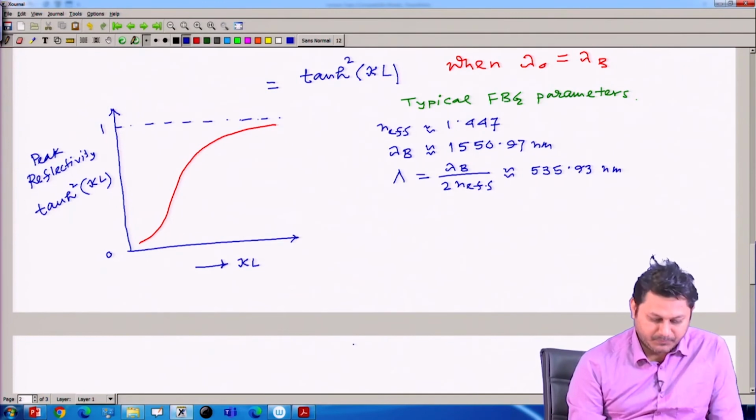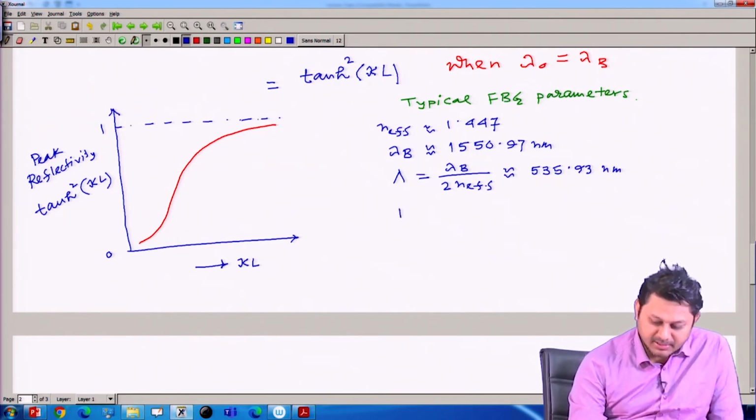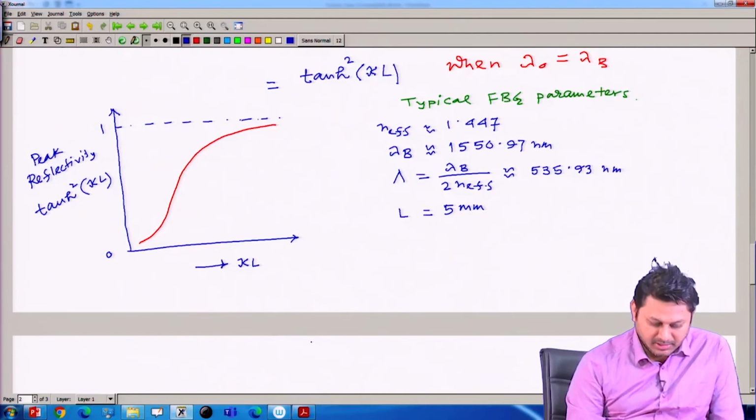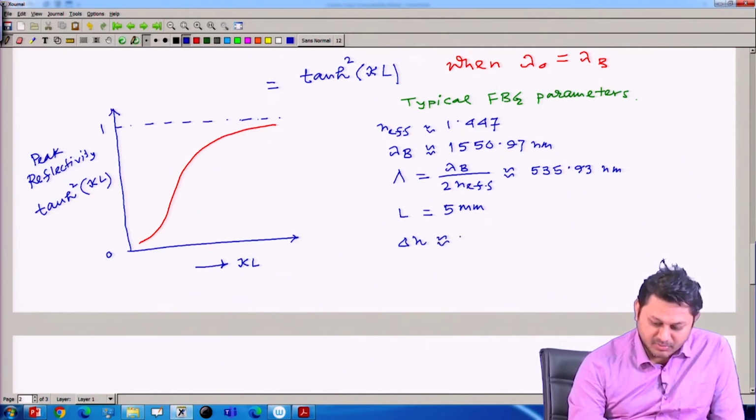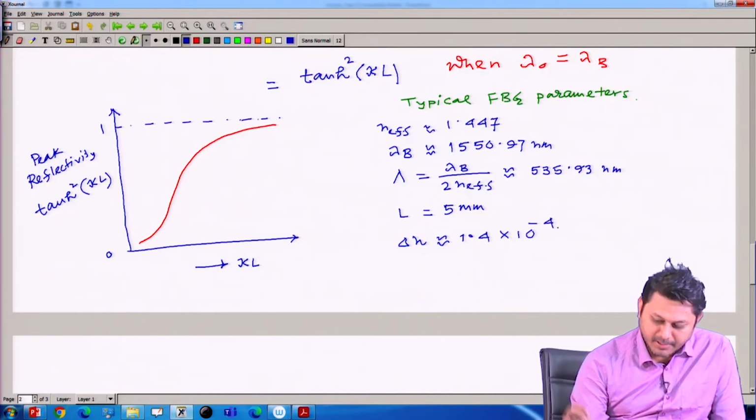Then I have a grating length L, which is fixed, say 5 millimeter. This is a typical grating length we have, and delta n, the refractive index variation inside the grating, will be of the order of 1.4 into 10 to the power of say minus 4.